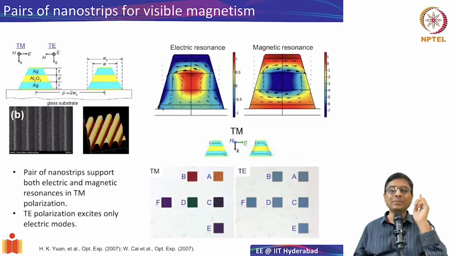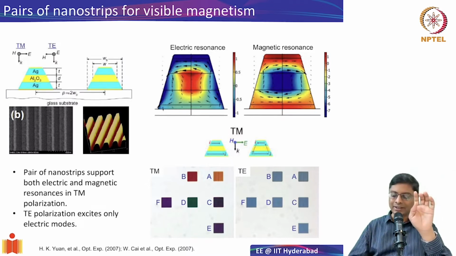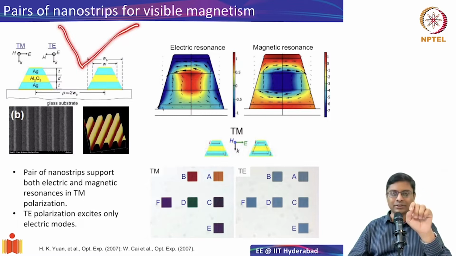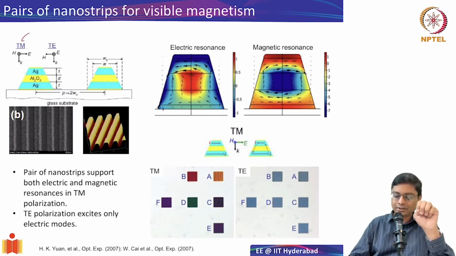One is the TM incidence. When I say TM incidence, let's say if this is my cross section, I'm looking at the side view of this. My incident and reflected waves are going to be like this. If the magnetic field is transverse, that means TM, the magnetic field H is along the strip, and for TE, E is along the strip.